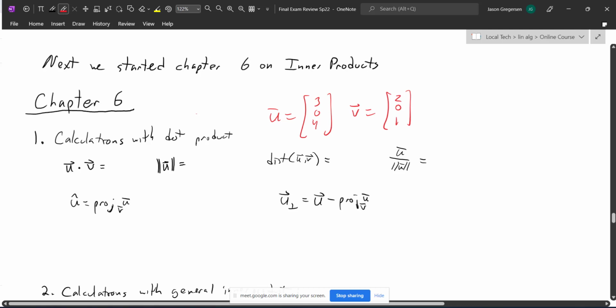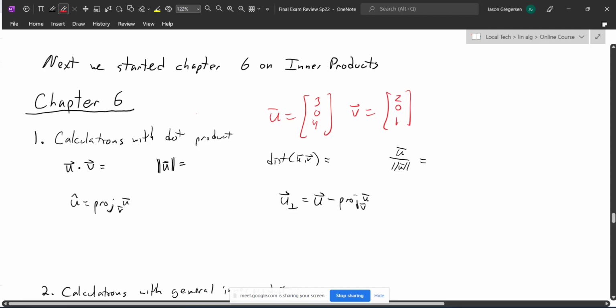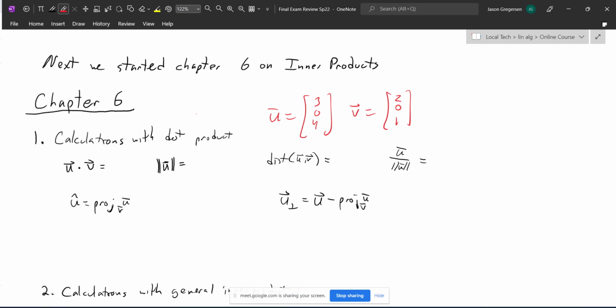We should be able to calculate the dot product, we should be able to calculate the length of u, the distance between u and v, a unit vector in the direction of u, the projection of u onto v, and u perp. So go ahead and see if you can go through all these calculations.